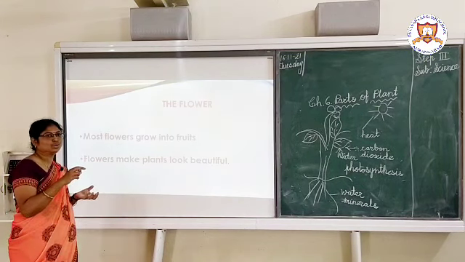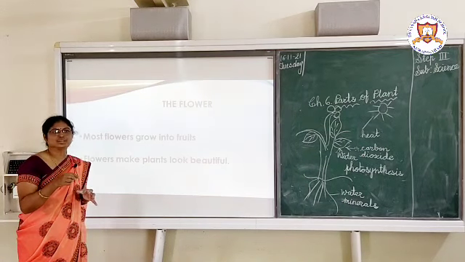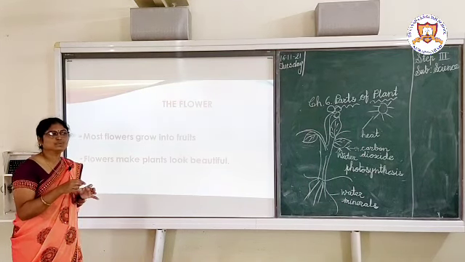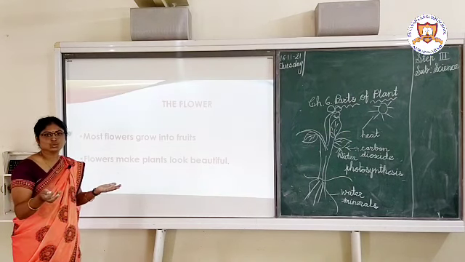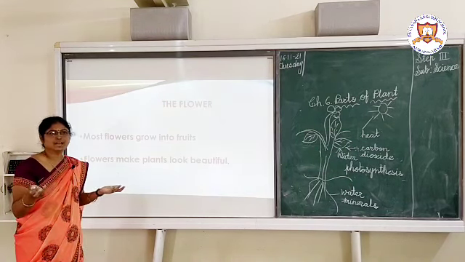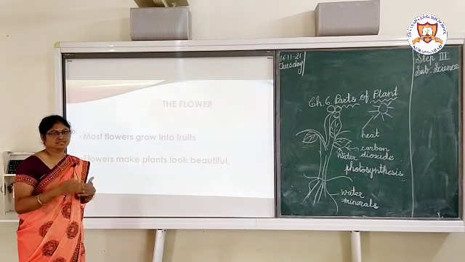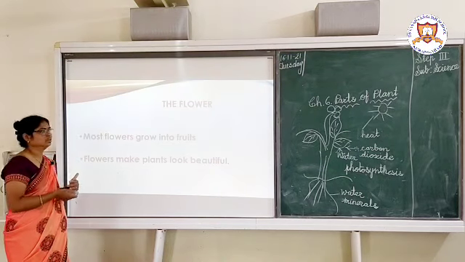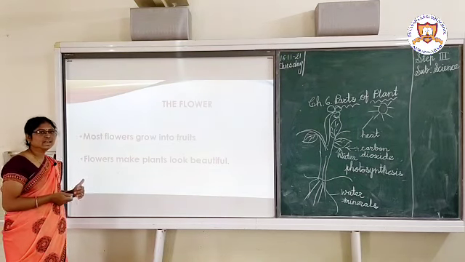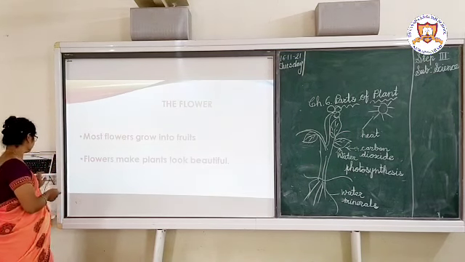In the beginning I told you how a plant grows, how we get plants in the surroundings. This cycle is going on in nature. That's why we can get new plants.